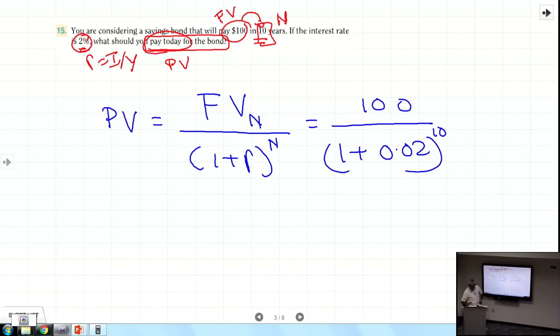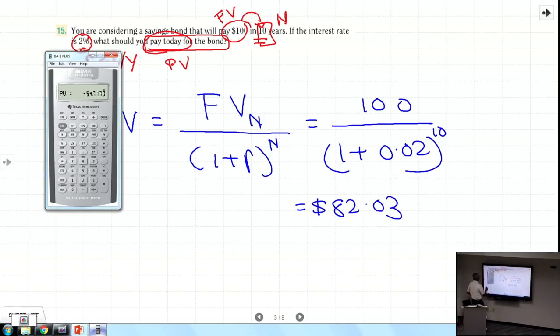And if I did it that way, present value is 82.03. Okay, it's pretty straightforward and simple. Alternatively, I could have used the financial calculator.